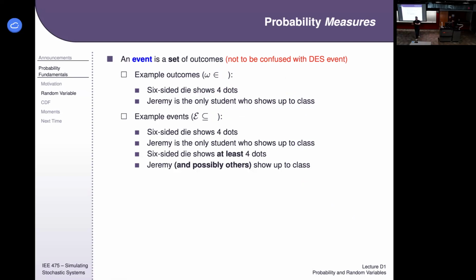Now, there may be a bunch of different ways for there to be 36 heads. If I have 50 coins, there are a bunch of different ways that 36 of them can come up heads. These 36 can come up heads, these 36 can come up heads, and so on and so forth. So we could say the event is any way that 36 coins come up heads.